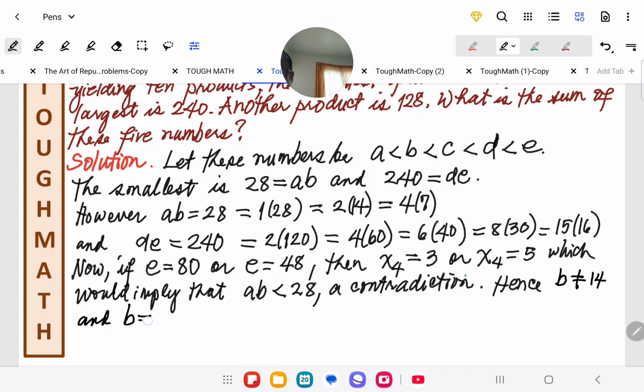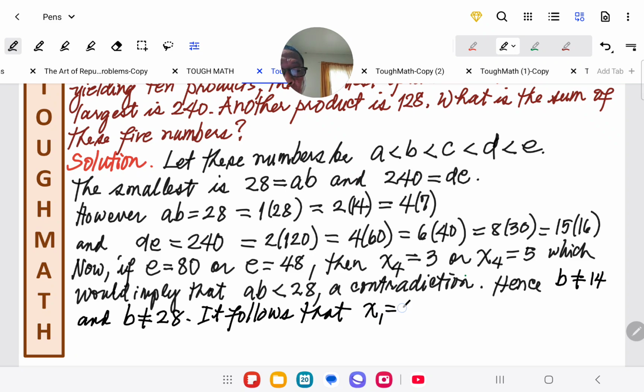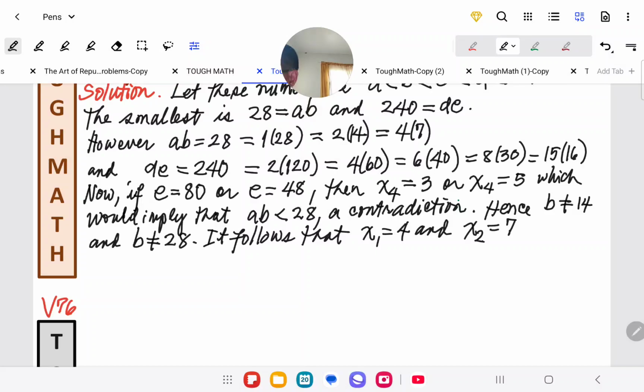And B is not 28. It follows that A is equal to 4, and B must be equal to 7.